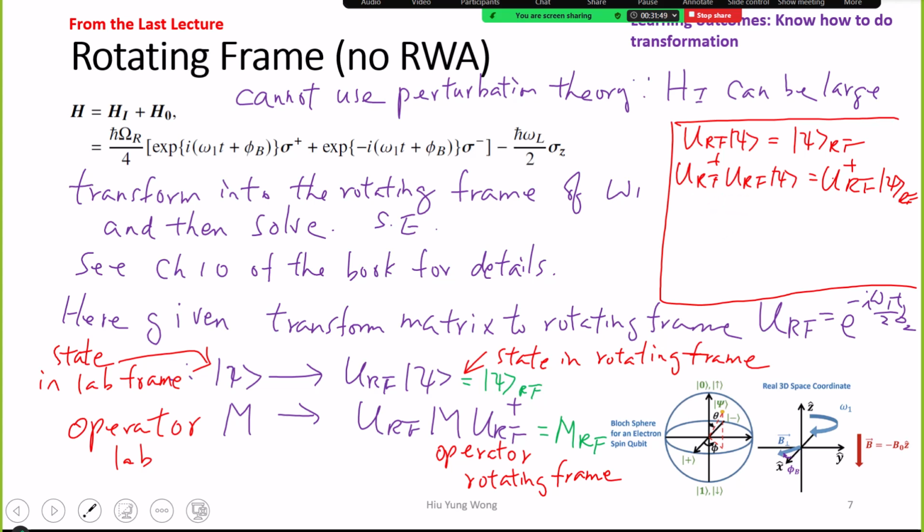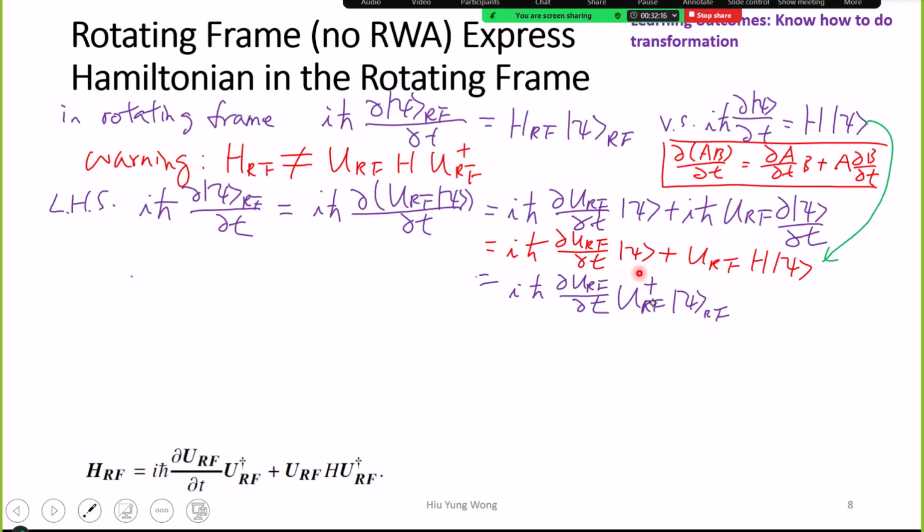What do we call this? Unitary matrix. This is a hint: you probably should know what a Hermitian matrix is and what a unitary matrix is. These are the basics. And why is this unitary? Because this is just a gate operator, and all quantum gates need to be unitary. That's why now I put psi equal to U_RF dagger times psi_RF.